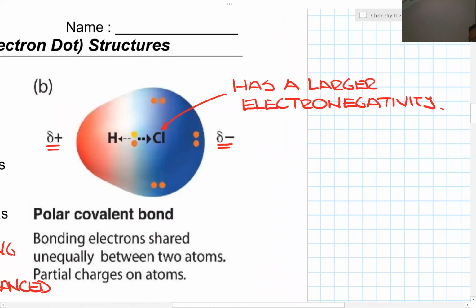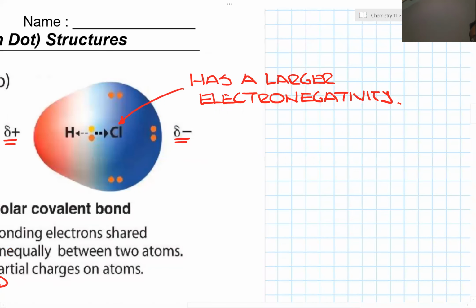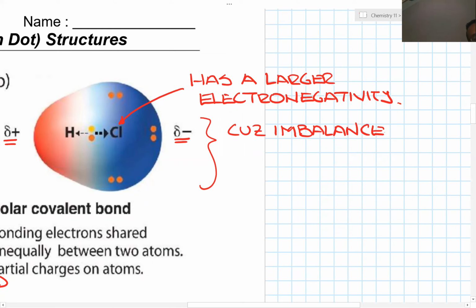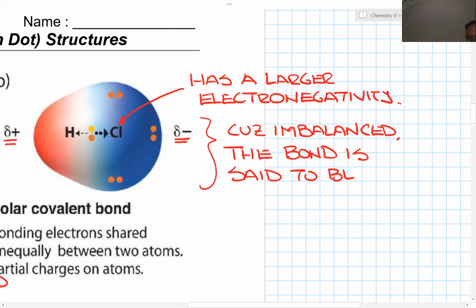Now, because this is imbalanced, the bond is said to have a dipole.